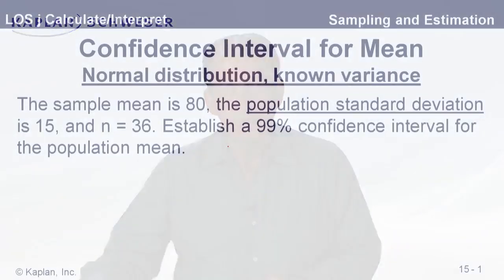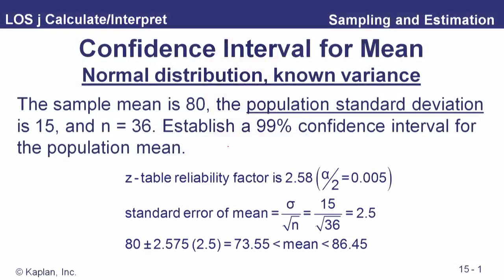Well, we've got a good sample size here. We're given the population standard deviation, so no worries there. So we can use a z-statistic here. So our z-table reliability factor, remember for a 99% confidence interval, is 2.58.